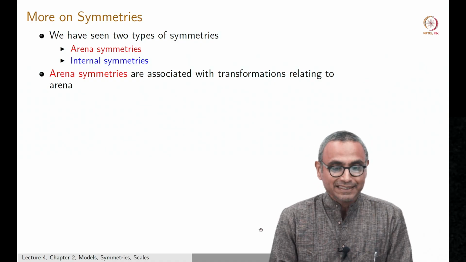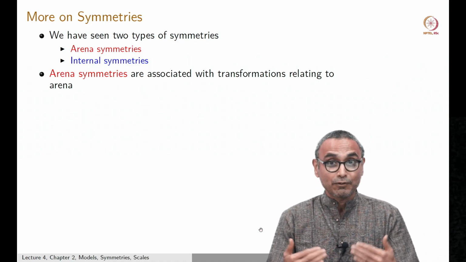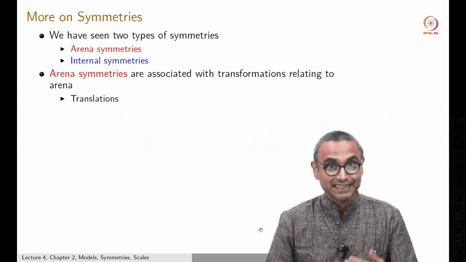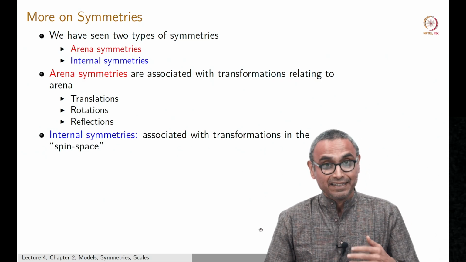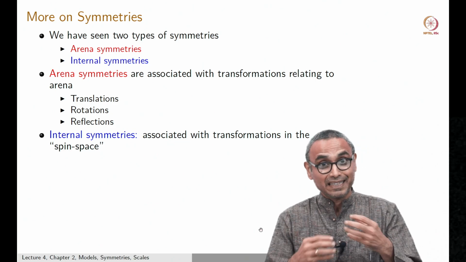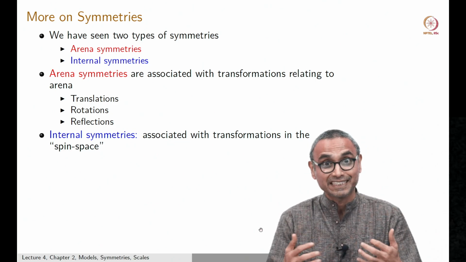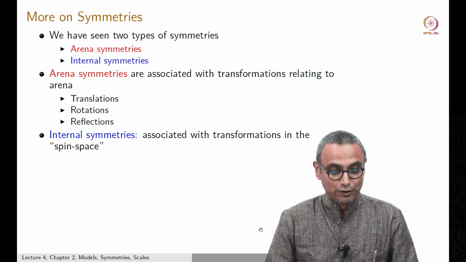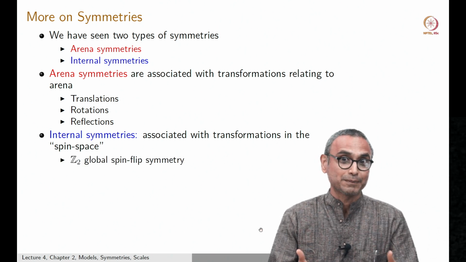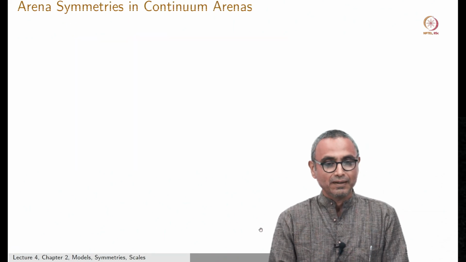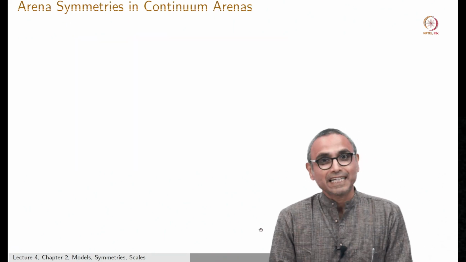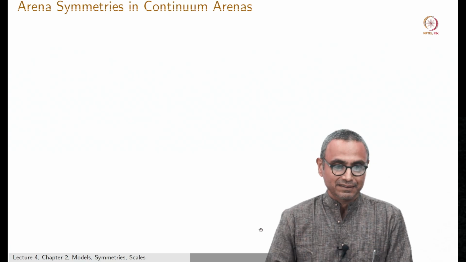Now, arena symmetries, as I pointed out, are associated with transformations relating to the arena. These are, for example, translations, rotations, reflections, and internal symmetries are associated with the transformations in the spin space. So, for example, the Z2 global spin flip symmetry that we talked about is an example. Okay, so let's start by discussing arena symmetries.